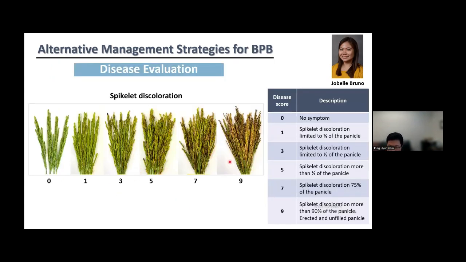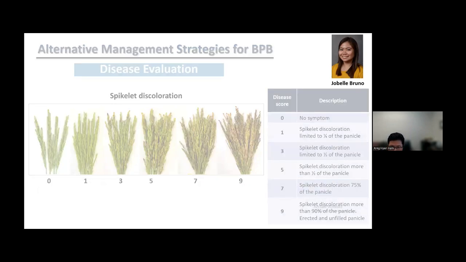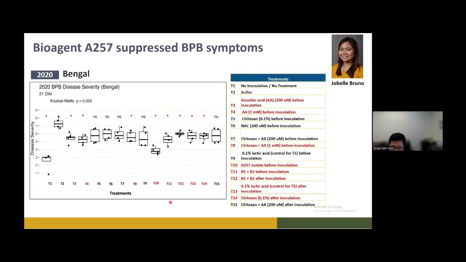This is the scale we use to evaluate the disease, from 0 to 9. And this is representative data that we obtained from testing in the field.